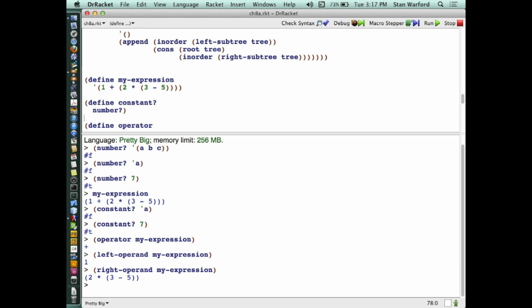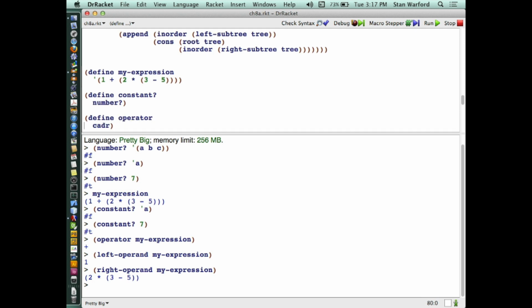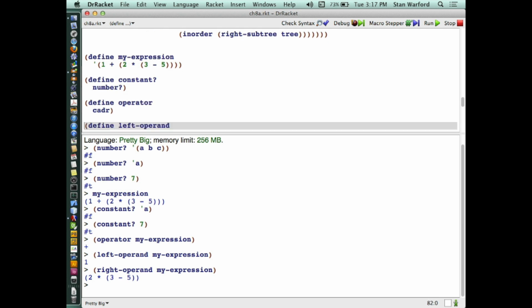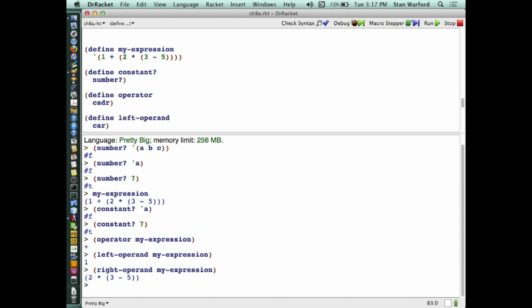So say it again: the car of the cooter. Are you clear on that? The car of the cooter, okay, so that's the CADR. And what about the left operand? Just the car, good, excellent, you guys are good.